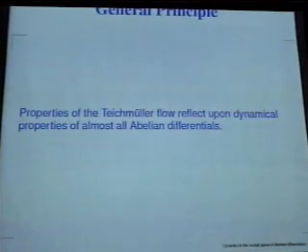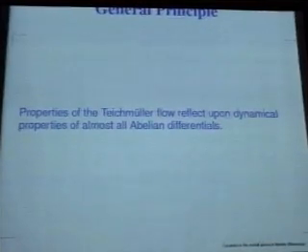Not all Abelian differentials, but almost all of them. And this is kind of a summary for the rest of my presentation. What I'm going to do is to describe two instances where this principle works. Two examples of situations where this principle can be applied.